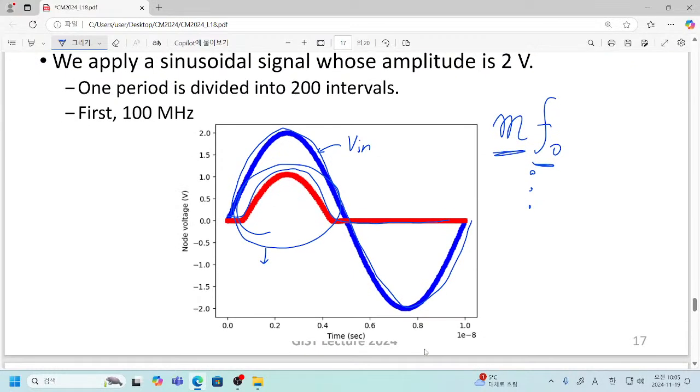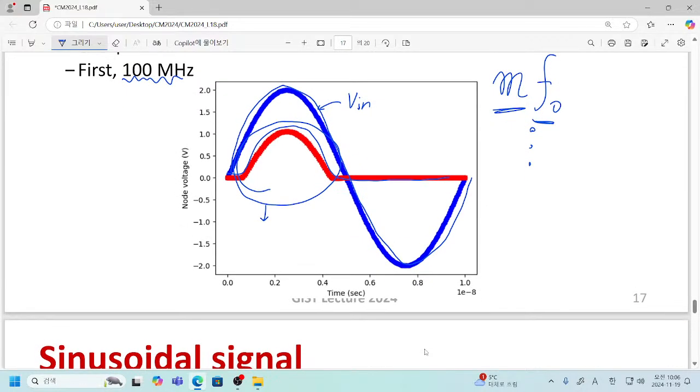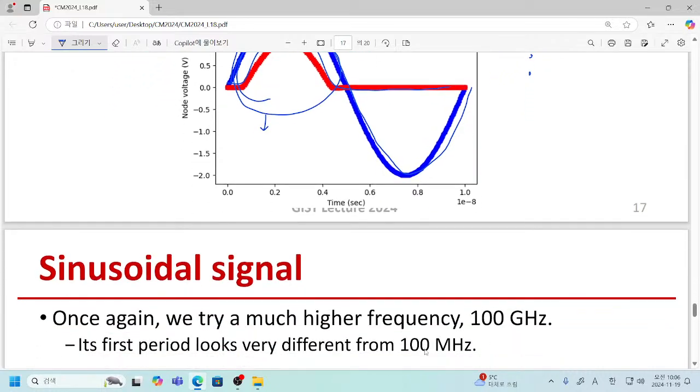For example, this is given at 100 megahertz. Okay, so at 100 megahertz the period is 10 nanoseconds. So in this 10 nanosecond period signal, it works quite properly.